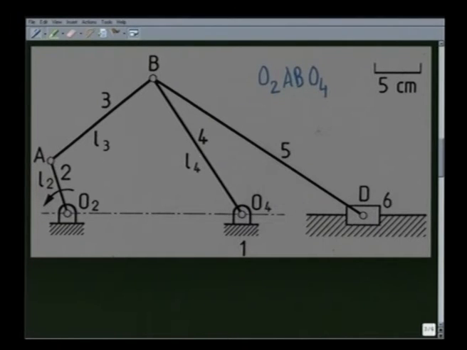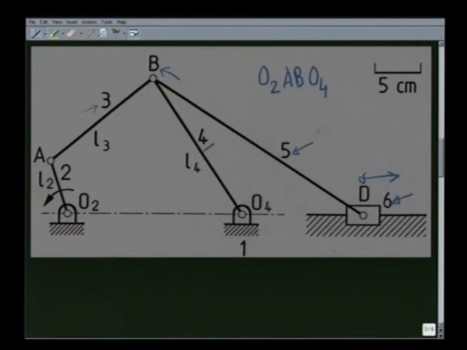Link 4 of this 4 link mechanism, that is this link, is connected to another link 5 at this compound hinge B, where 3 links are connected, namely 3, 4 and 5. Link 5 is connected to the slider, which is link 6, and slider has a prismatic pair with the fixed link such that the point D moves in the horizontal direction.